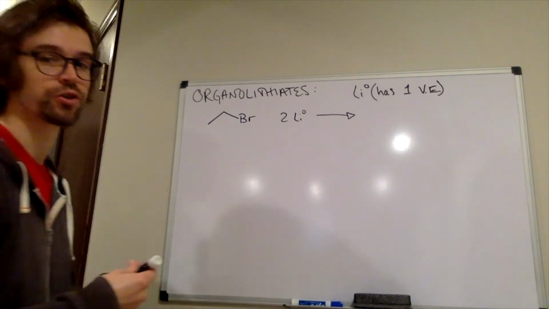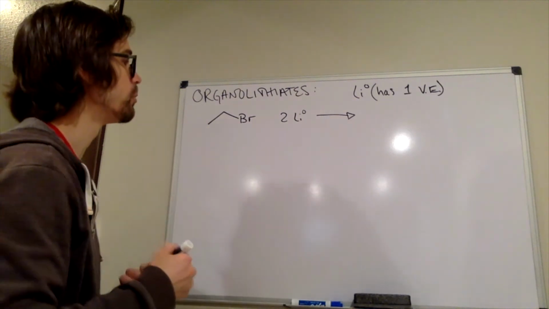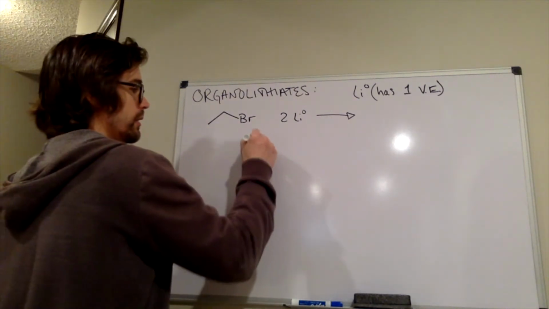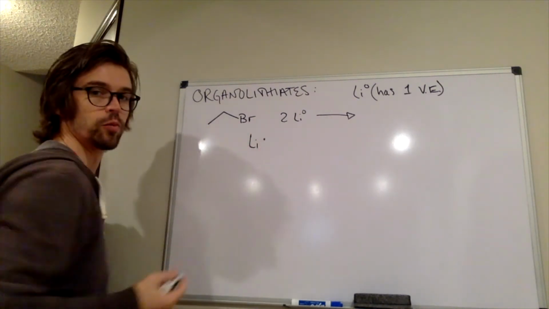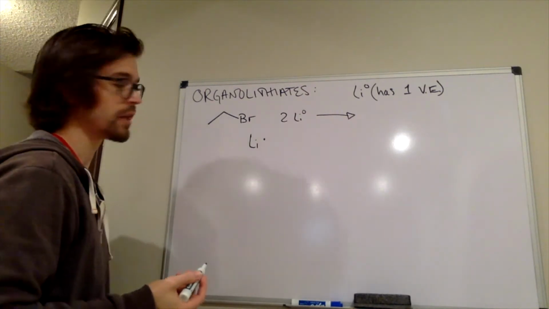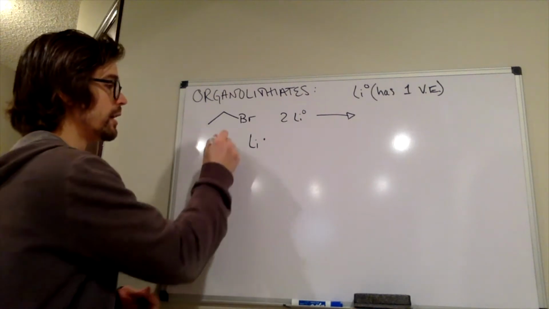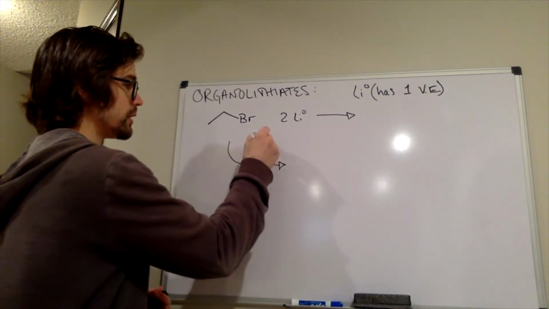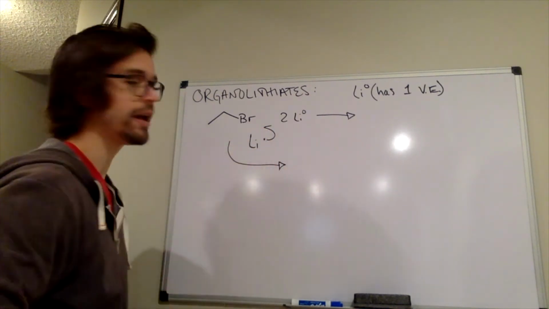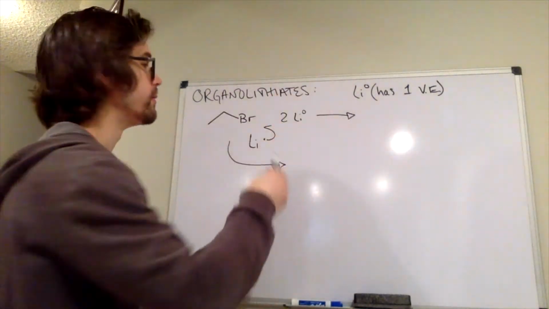So how is this going to react with an alkyl bromide? Well, lithium, we'll just draw it like this, lithium with 1 valence electron is actually going to react with this alkyl halide in a radical mechanism. So essentially it's going to give away its electron, getting rid of it.